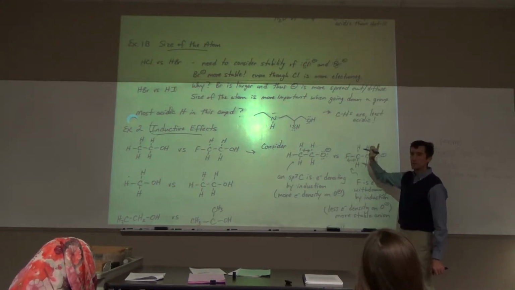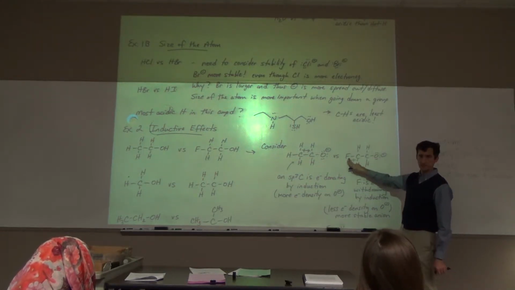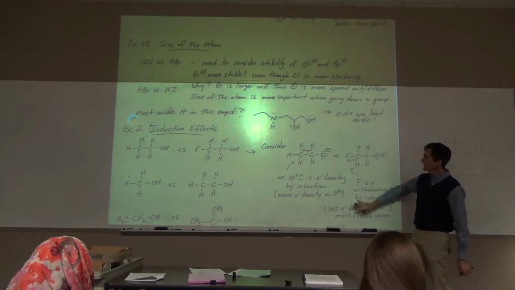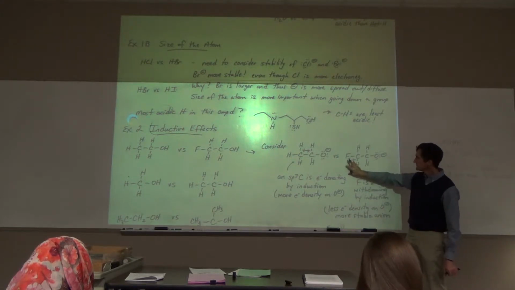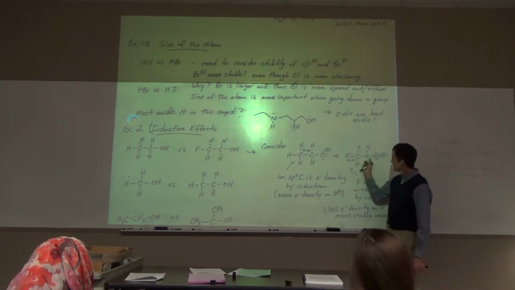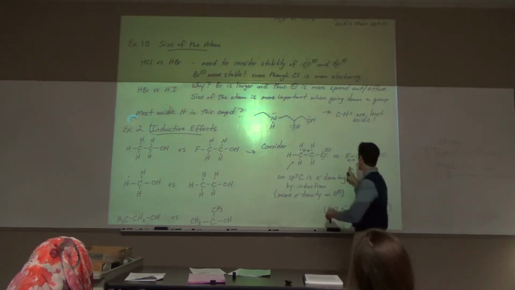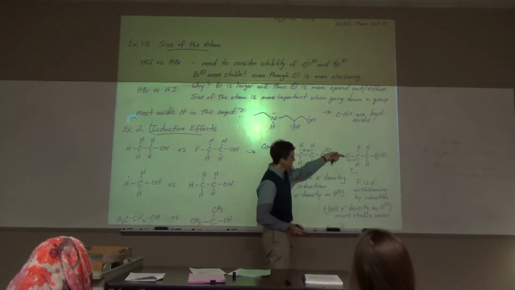Now, importantly, the charge is not on the F. So we're not talking about the size of the atom like that. What we have going on here is inductive effects by the fluorine. Fluorine is electronegative.